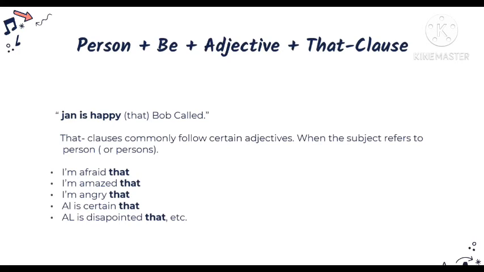For example, John is happy that Bob called. That clause commonly follows certain adjectives when the subject refers to a person or persons. See the list below. I'm afraid that, I'm amazed that, I'm angry that, I'm certain that, I'm disappointed that, and etc.